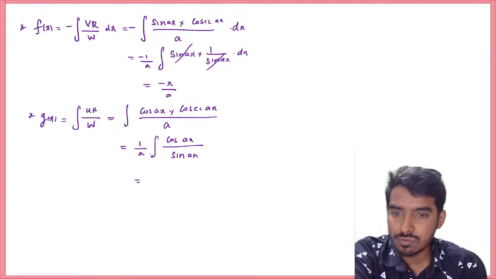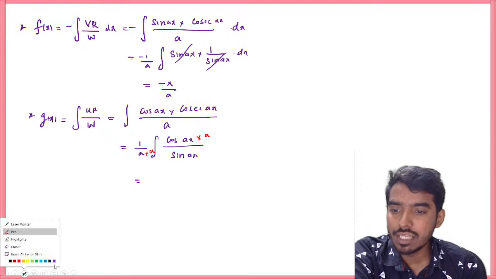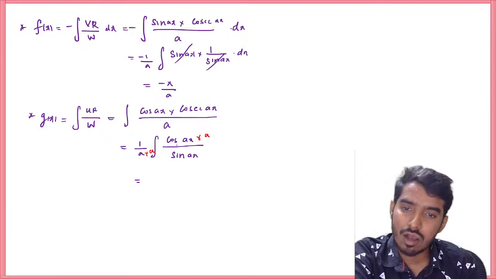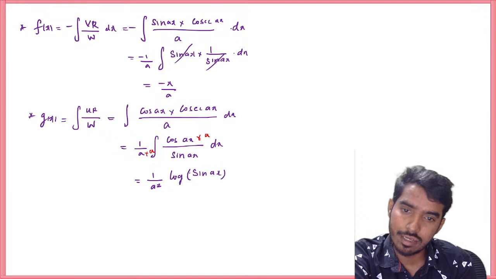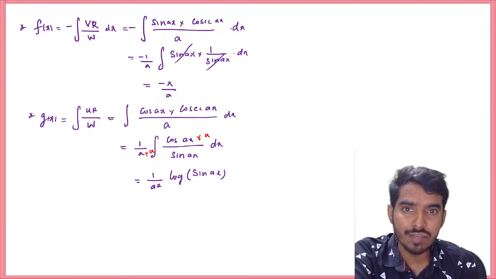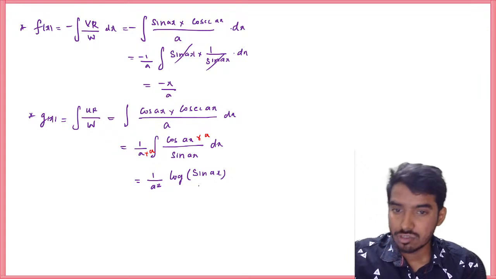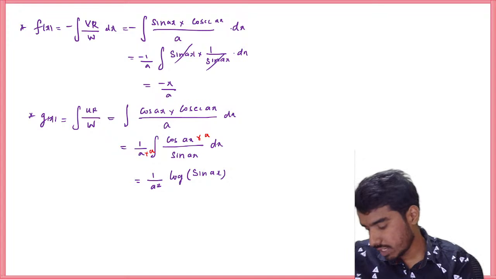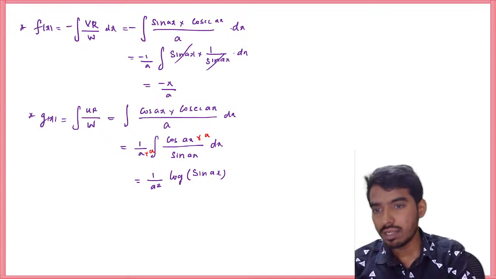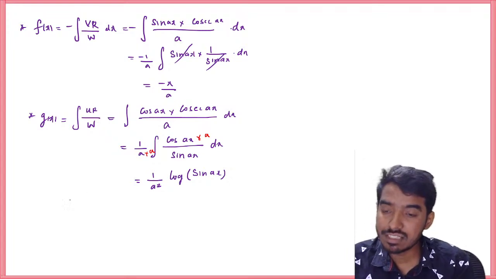So what we will do is multiply and divide by a. So therefore this integration is log of sin ax. So integration of f dash of x by f of x is log f of x, where f of x is sin ax. So therefore, 1 by a square log sin ax is your g of x.